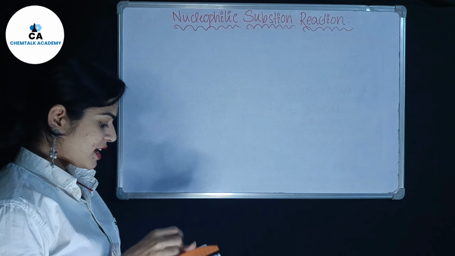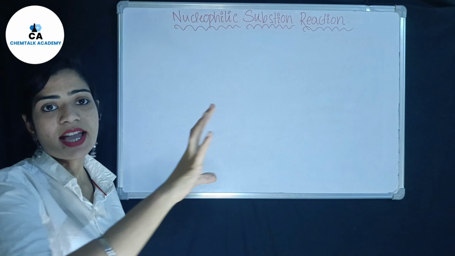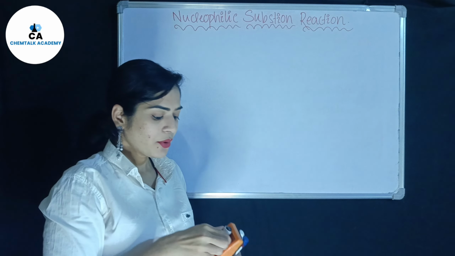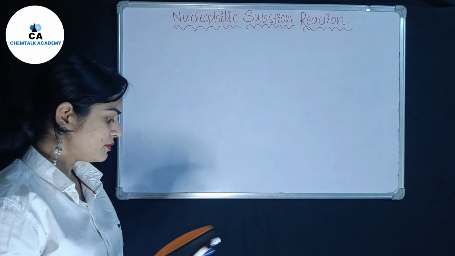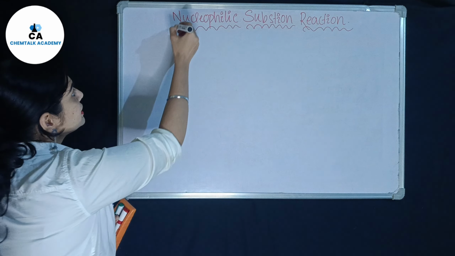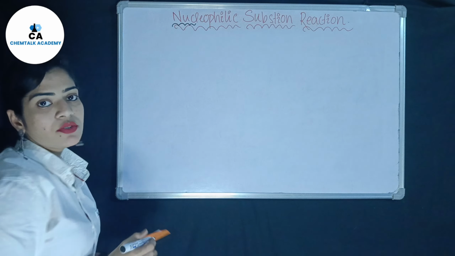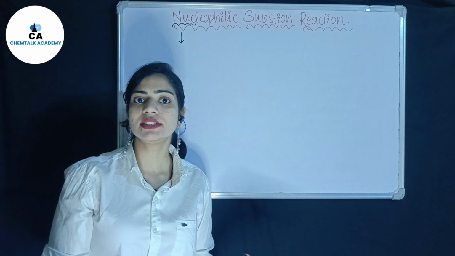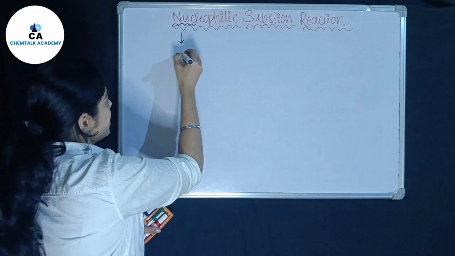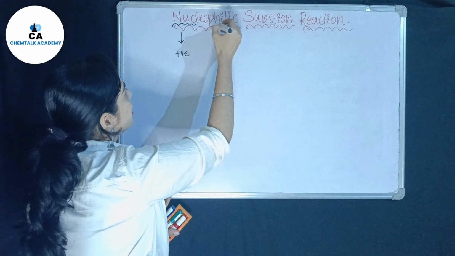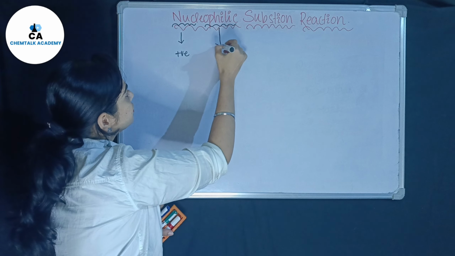To understand this complete reaction, first we have to understand what a nucleophile is. In the name itself, Nu means nucleus. Our nucleus has what charge? Positive charge. So Nu means positive. What is the meaning of philic?